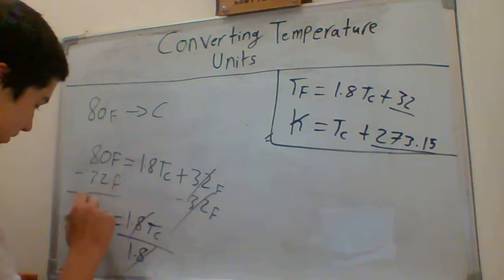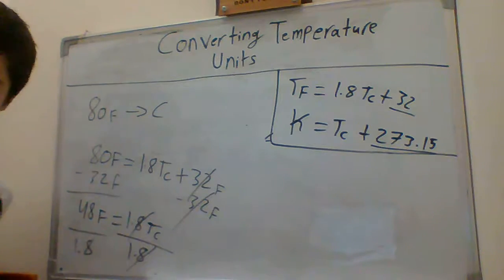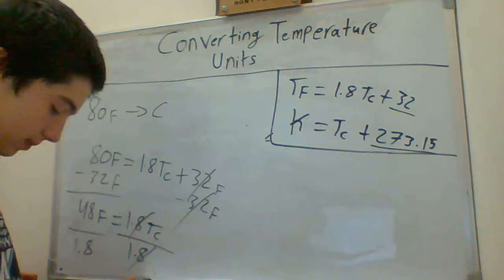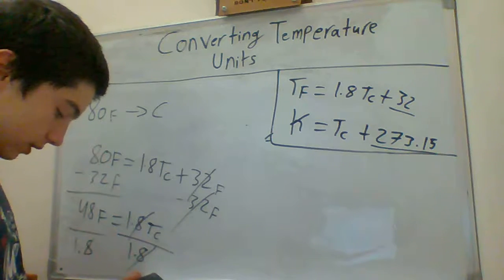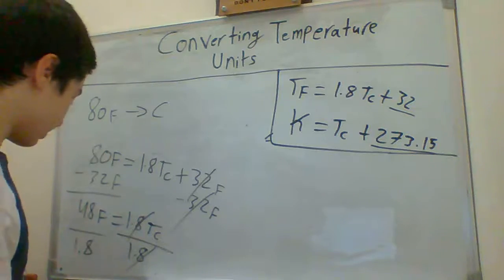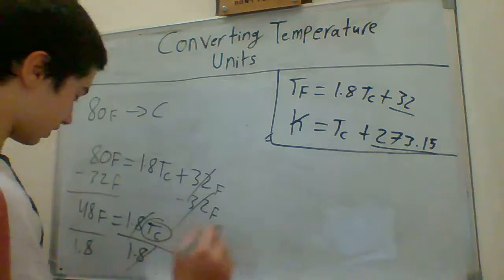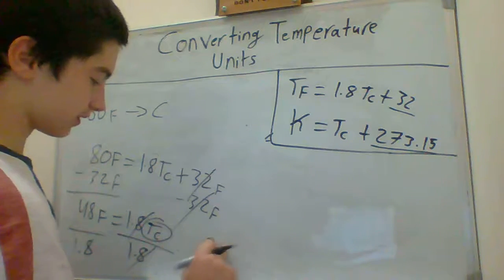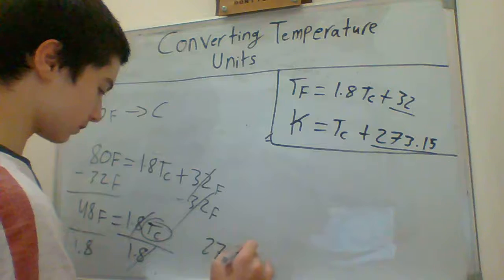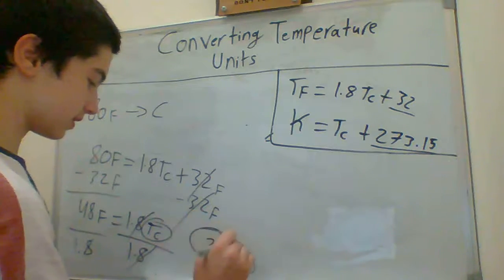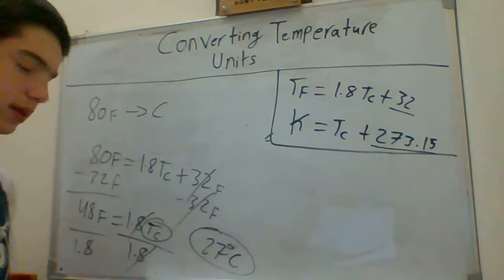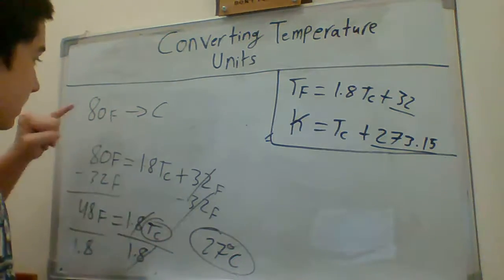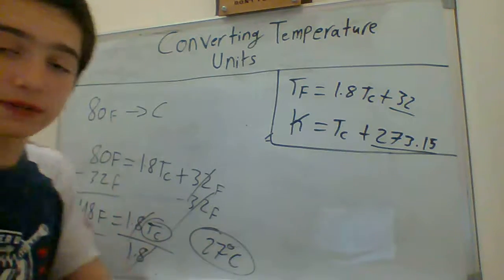Let's cancel this out, and we're going to get the answer as 48 divided by 1.8, and it will equal 27 Celsius. So that's the first example, and we know now that 80 Fahrenheit equals 27 Celsius.